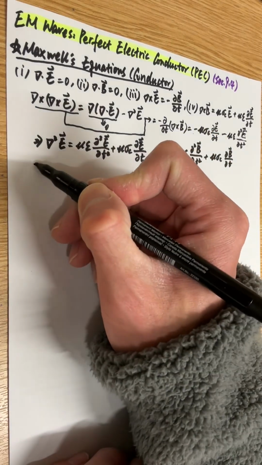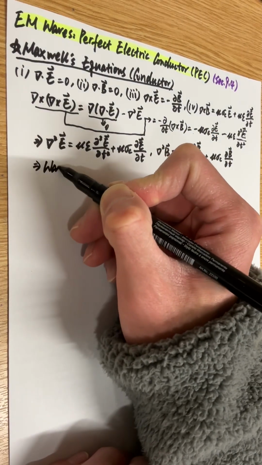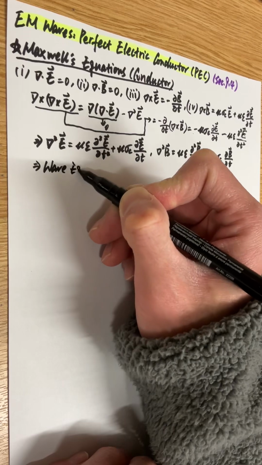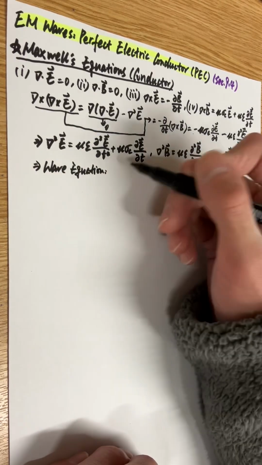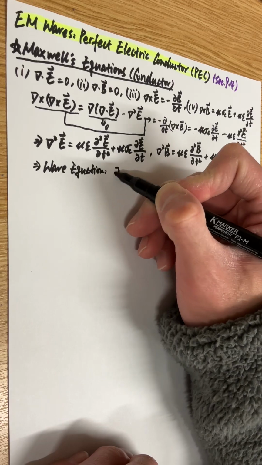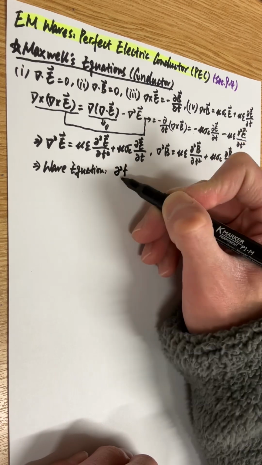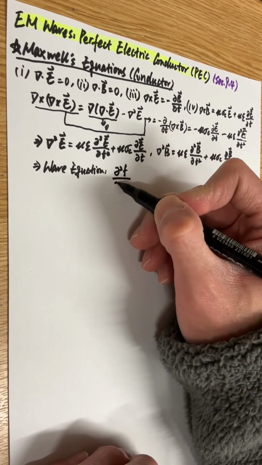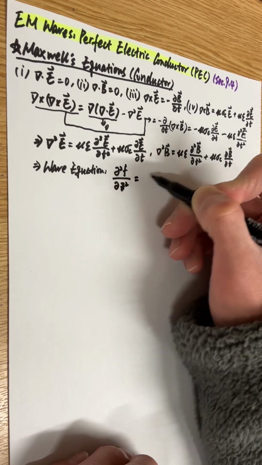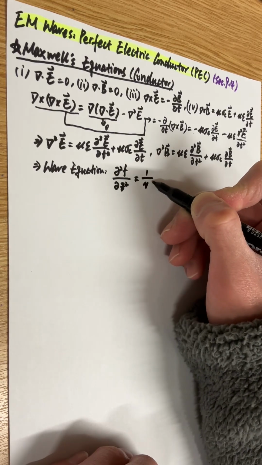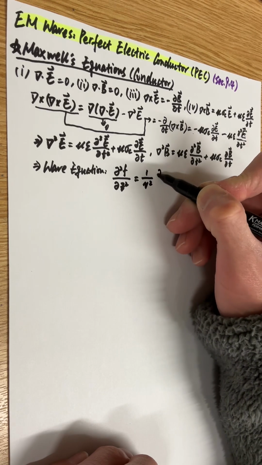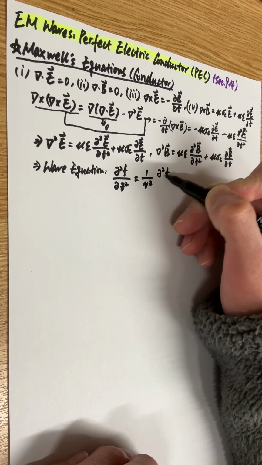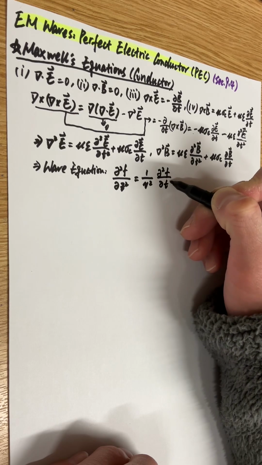So let's recall what the wave equation was. The wave equation must comply with: second derivative of the wave function with respect to distance equals 1 divided by the velocity of the wave squared, multiplied by the second derivative of the wave function with respect to time.